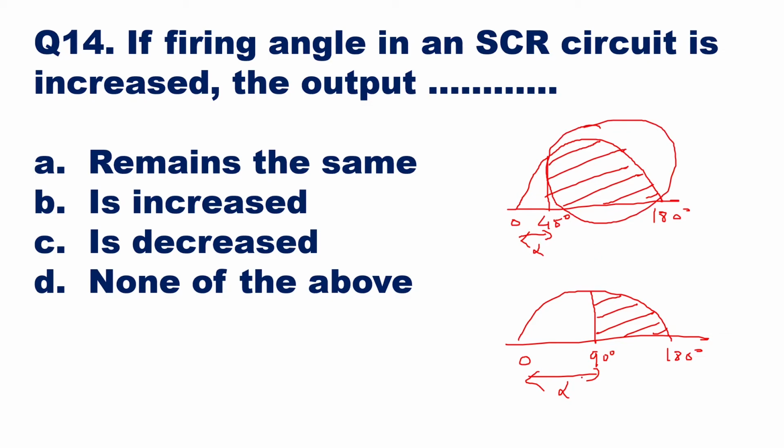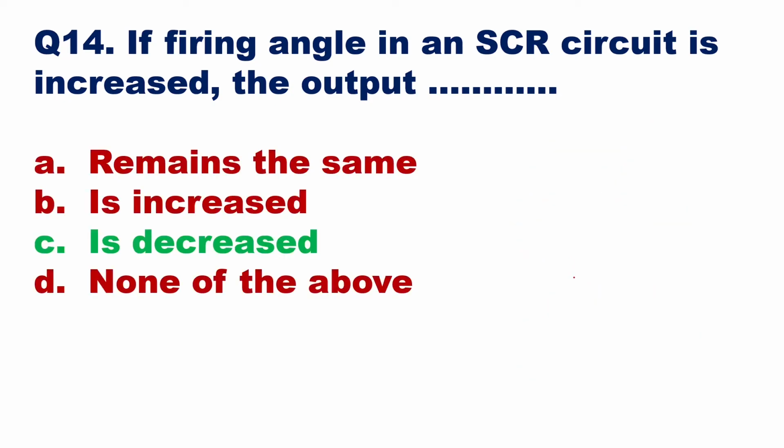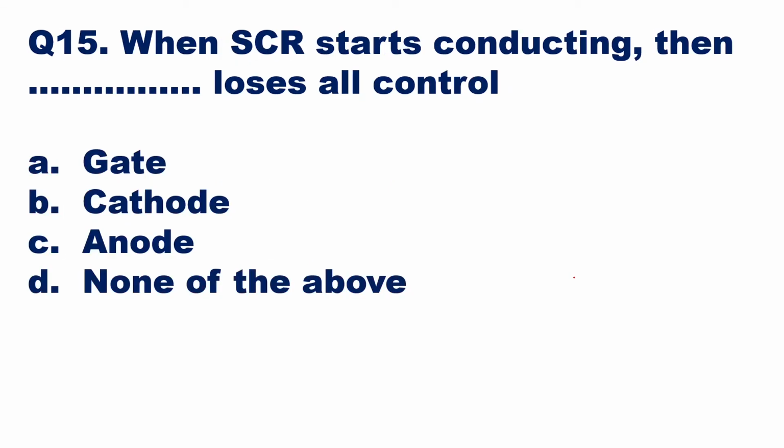In the second case, if the firing angle is increased, the output voltage is less, so the SCR will start conducting late. That means if firing angle in an SCR circuit is increased, the output voltage will decrease. That means option C is the right answer here. Then we'll go to question number 15.